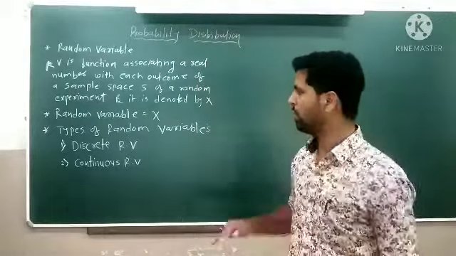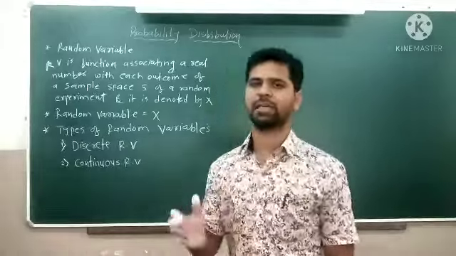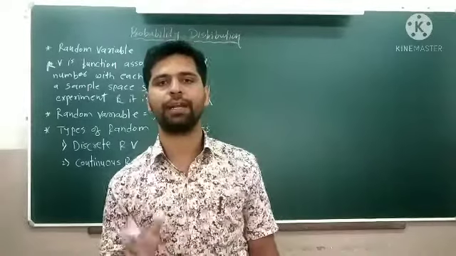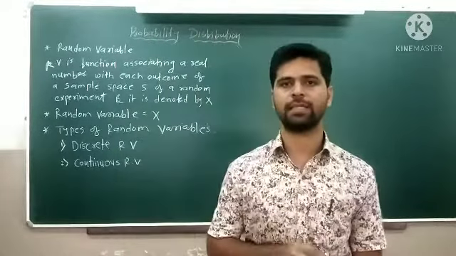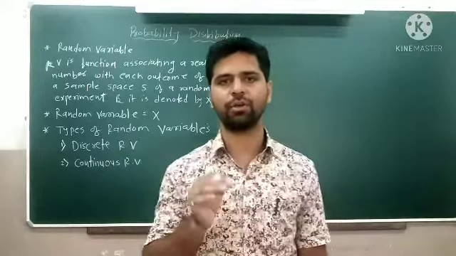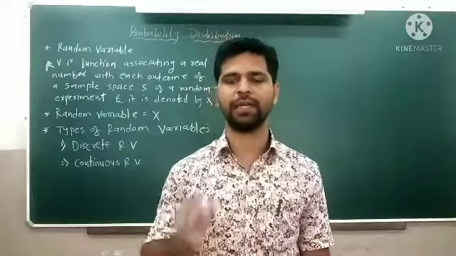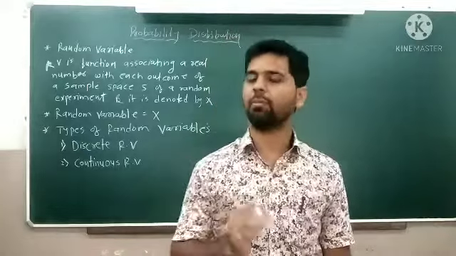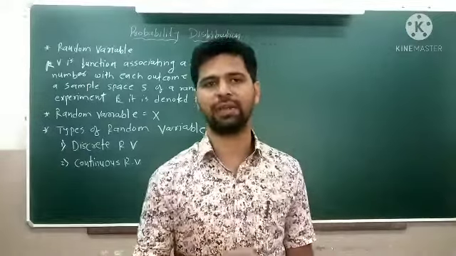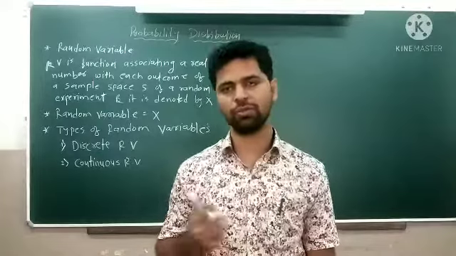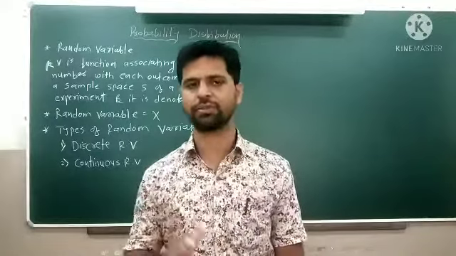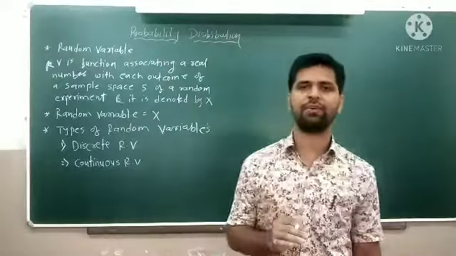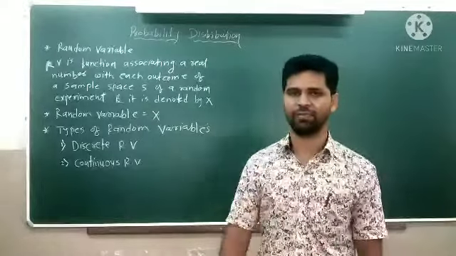For example, let X denote the number of days in a week. There are 7, Monday to Sunday. They are finite, so that random variable is called a discrete random variable.